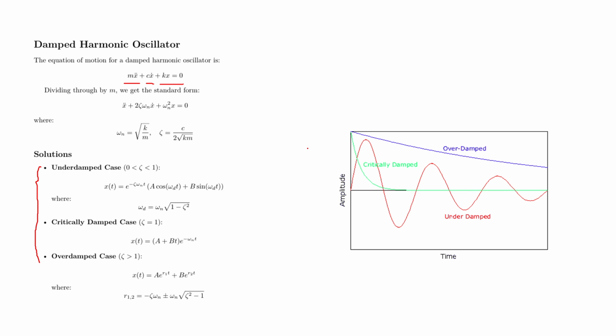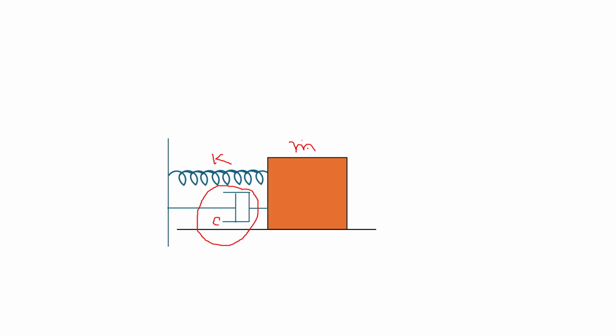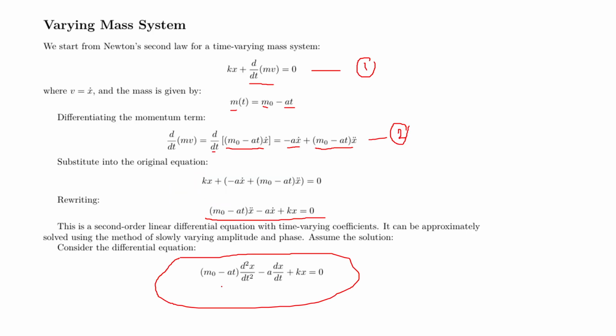But in our case, if we look at our equation, we have this term minus a, where a we have assumed to be a positive constant. So this is minus a, which means we have a negative damper. What this negative damper is doing is, in fact, providing energy to the system.